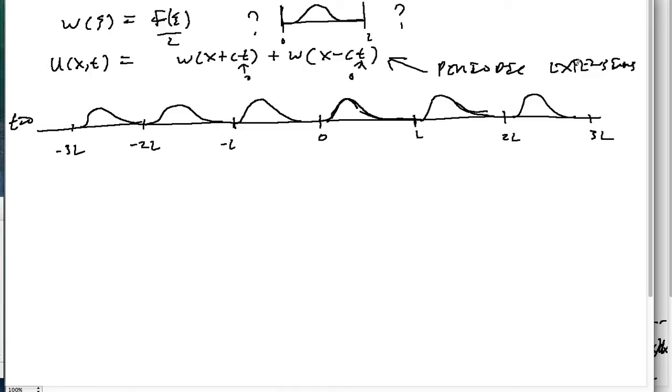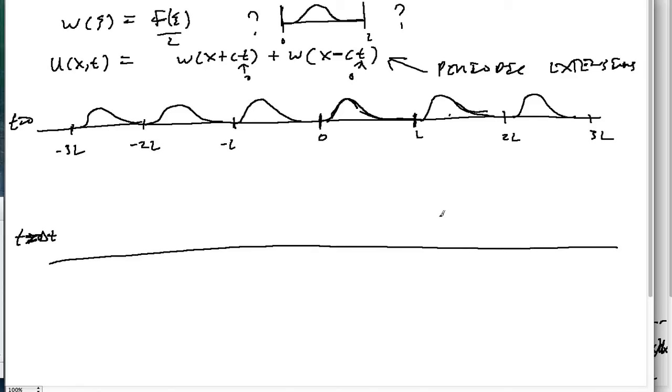Now, because these are periodic extensions, they're repeated for other domains outside of the specific one we're interested in. What's going to happen is that anytime you have an x minus ct, that's going to cause a wave motion going to the right. So I'm going to draw time going forward a little bit, maybe equal to delta t, some small time forward. We're going to have the same thing, but there's some sort of motion of a wave going here and some sort of wave going there.